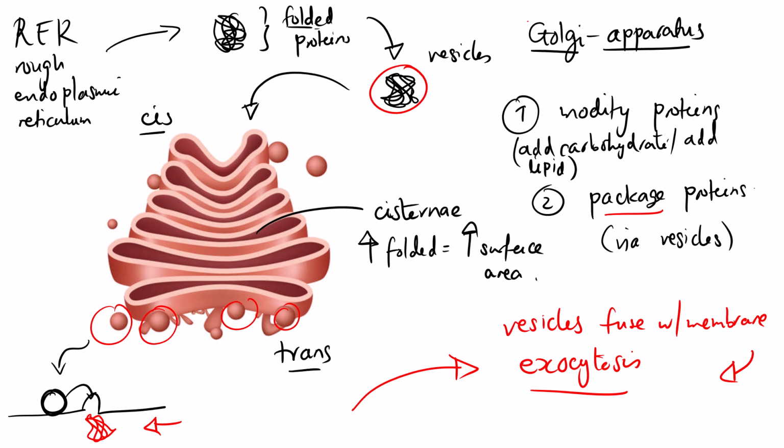Then once you've got your product, the product will be packaged by these Golgi vesicles represented in this red circle, and then we can talk about exocytosis later on. So this would summarize the activity of the Golgi apparatus, and equally, not to forget the rough endoplasmic reticulum at the beginning, and at the end, the exocytosis event.